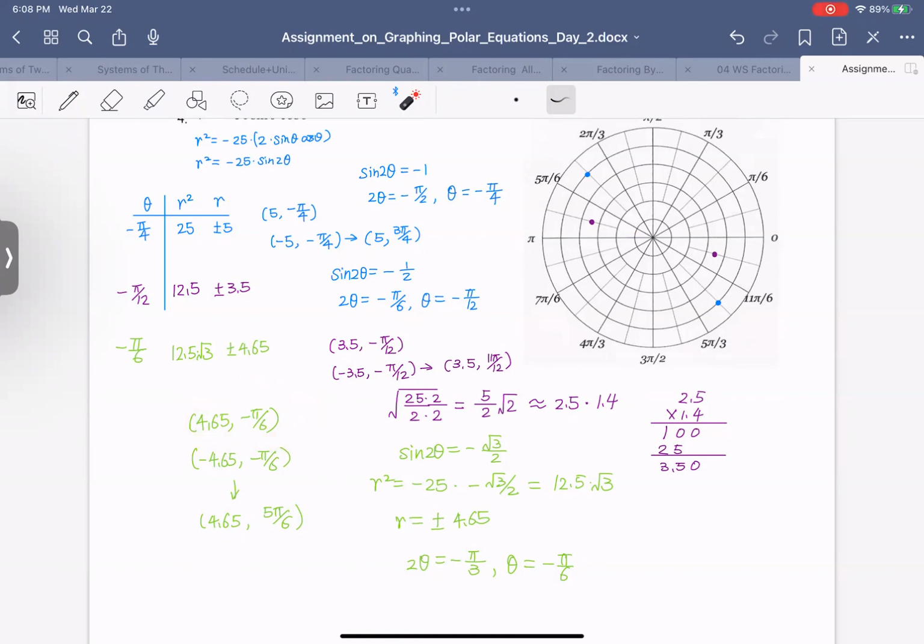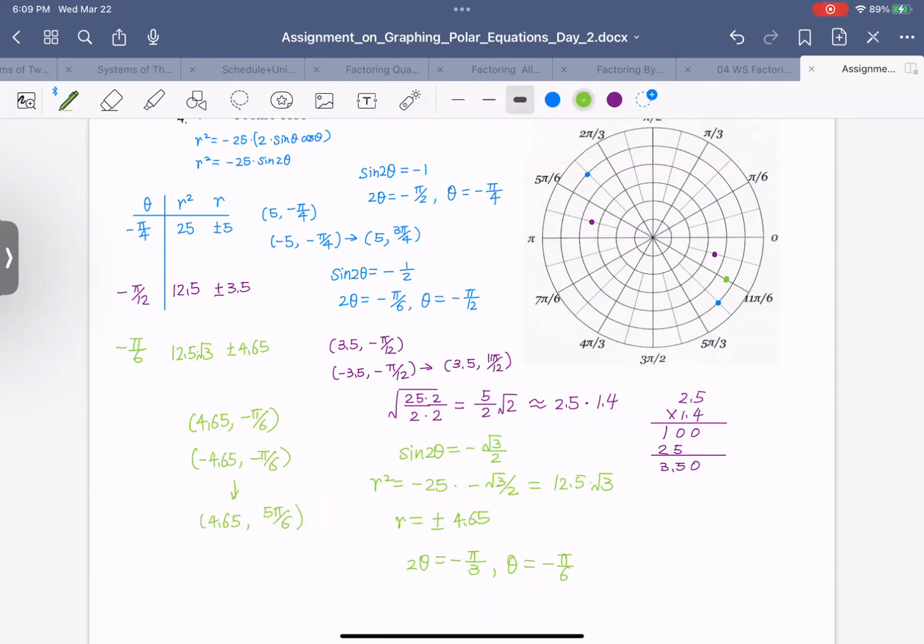So negative pi over 6 is on this line, and the radius is 4.65. So 1, 2, 3, 4, 4.65. It's around here. And then you go the other way.